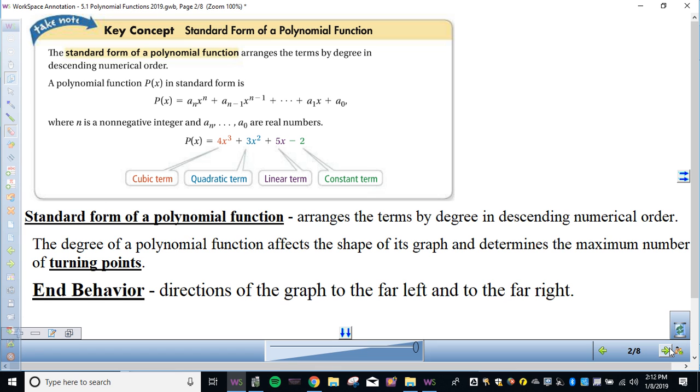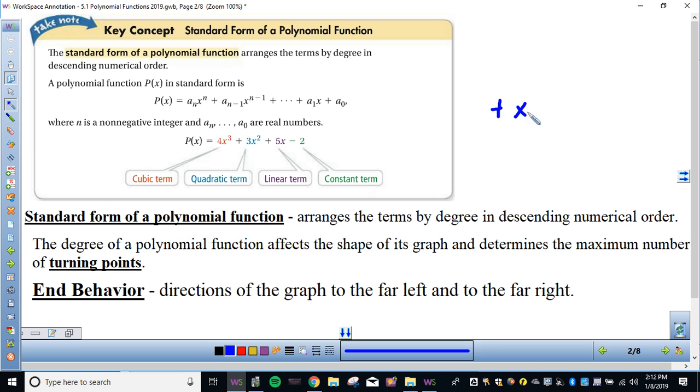If I think end behavior of a polynomial, I'm envisioning arrows on the end of the function. Okay? Arrows on the end of the function. So if I have a positive quadratic, so positive x squared is going to look like this. If I think about the arrows on the end, I'm either saying up or down.